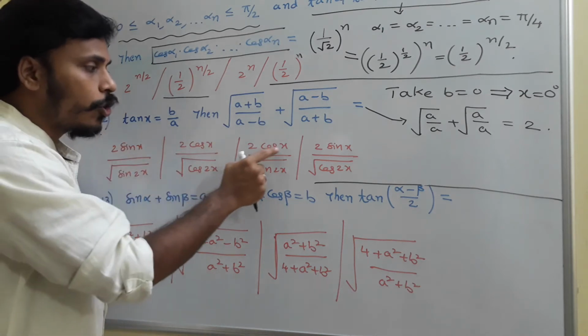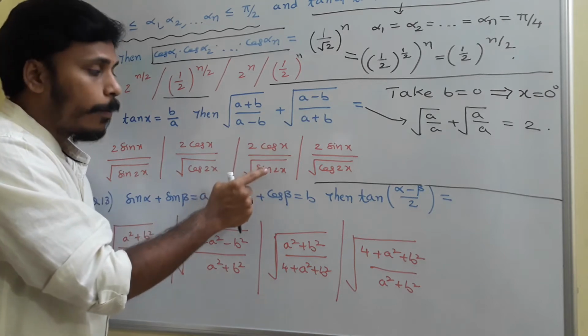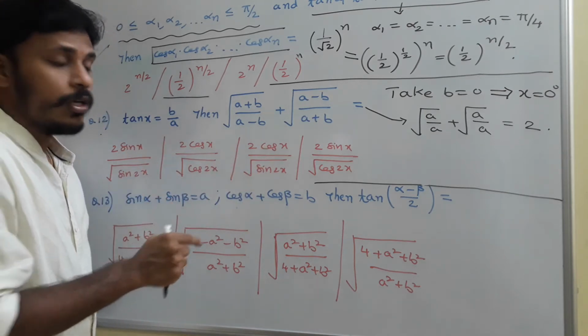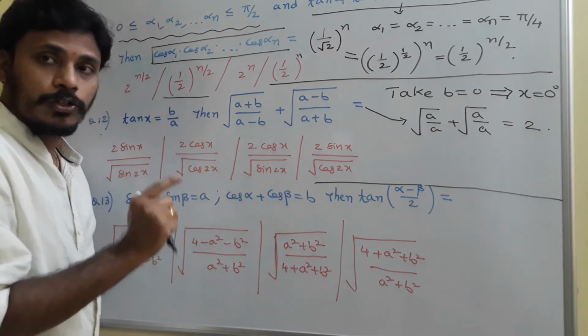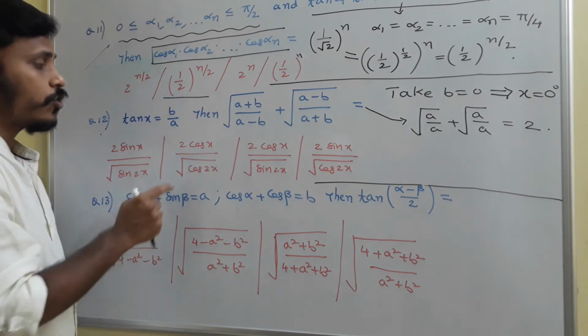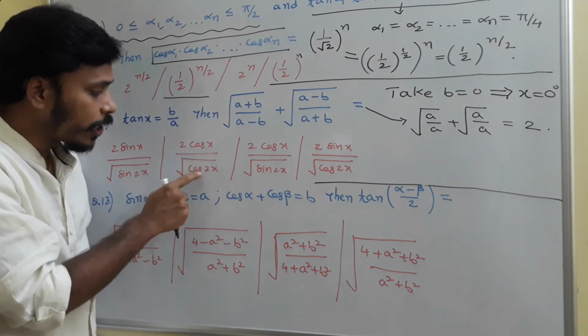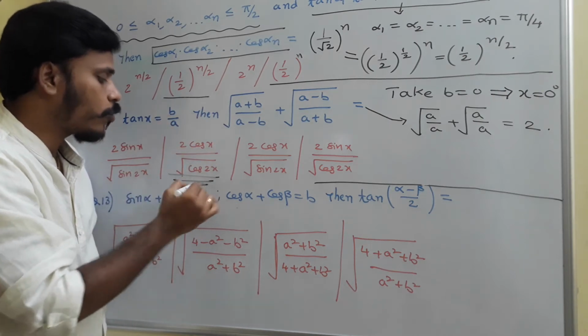If you replace 0 here, cos 0 is 1, the numerator is 2, but the denominator will become sin 0, which is again 0. If the denominator is 0, it is not acceptable, so this is also not your choice. When you replace x with 0 here, cos 0 is 1, and the denominator, cos 0, is again 1. So on simplification, this is your choice.